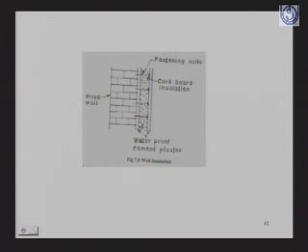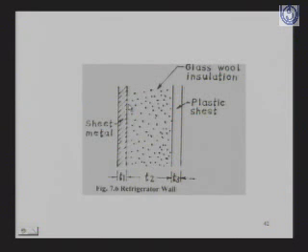We put the cork board inside, then on both sides waterproof cement plaster is made. This is the brick wall, and inside is the insulation, and both sides the cement plaster has been made. This again shows a metal sheet refrigeration wall with glass wall insulation.